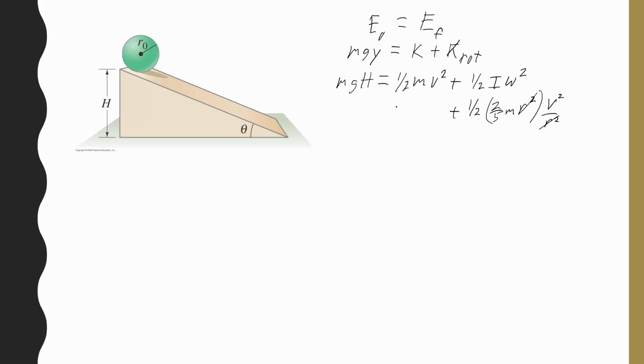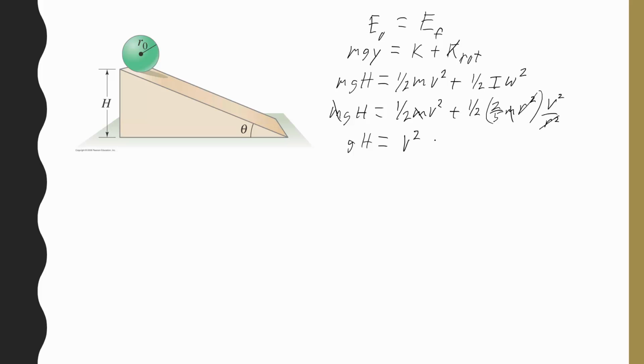So the r's go away. We still have these terms here, mgh. Masses can cancel out. And so what are we left with? Well, we've got a gh here. We've got 1/2 v squared and 1/2 times 2/5 v squared.